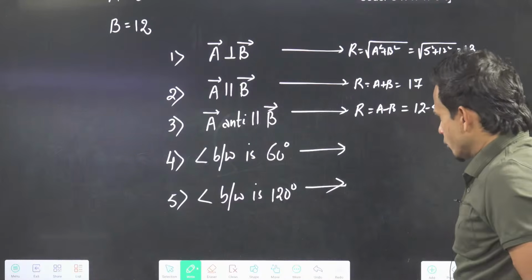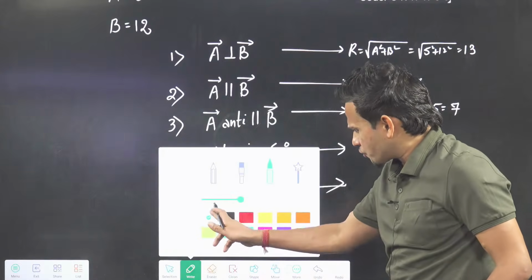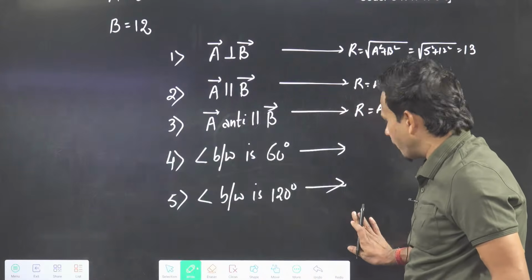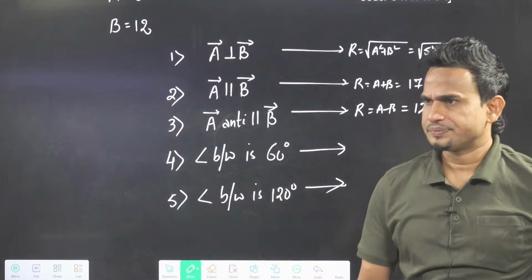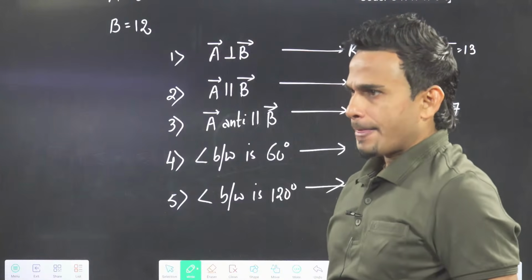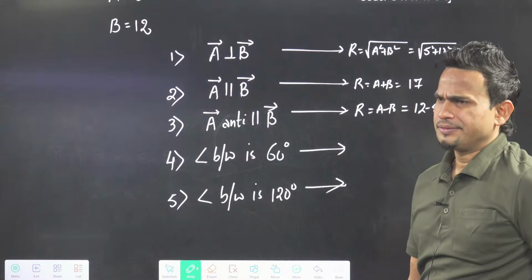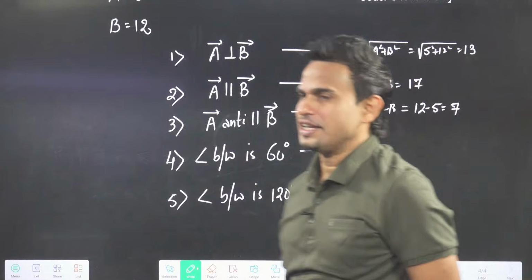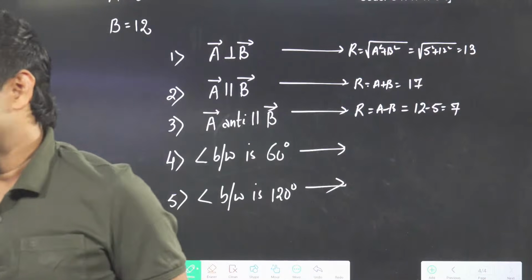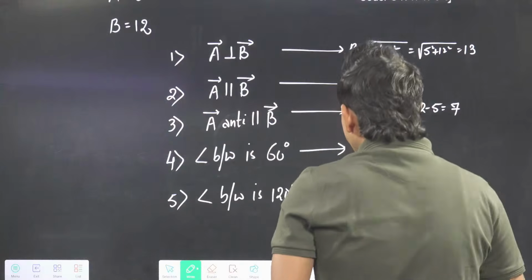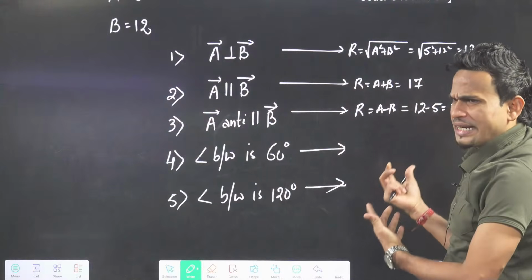Okay, so I think let's check. Fourth one is coming under root of 229. Means you must know value of cos 60 and cos 120. Not a big deal, we can find.